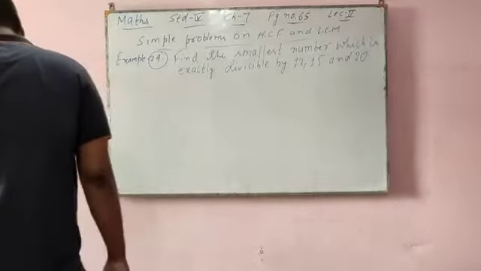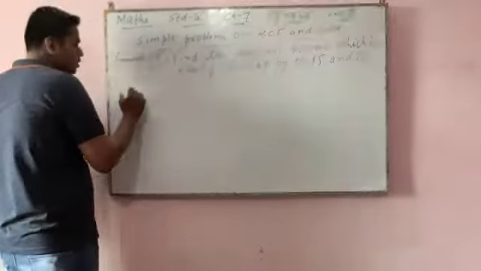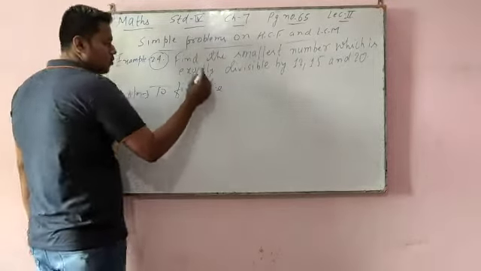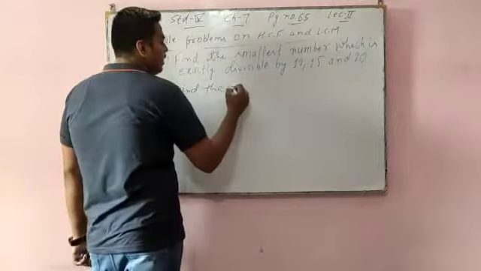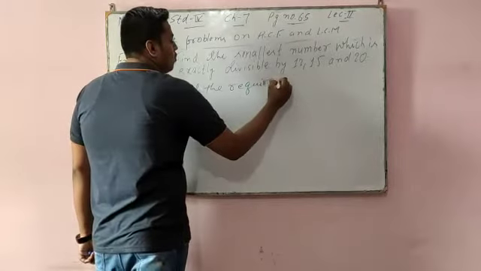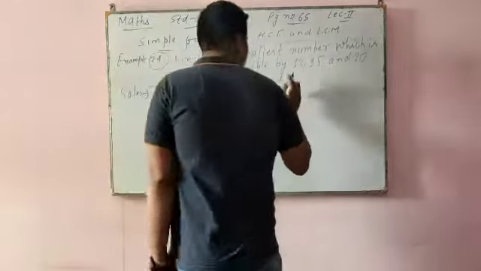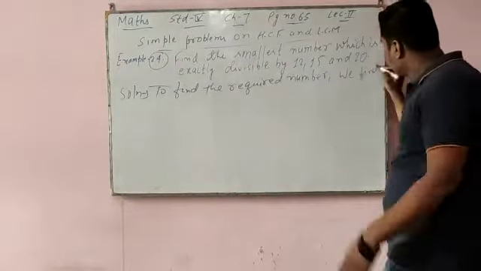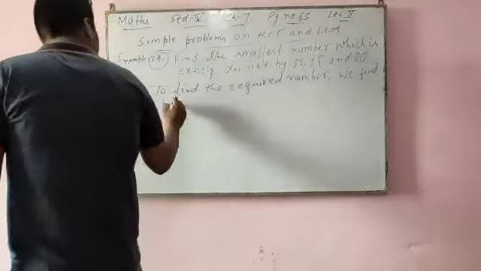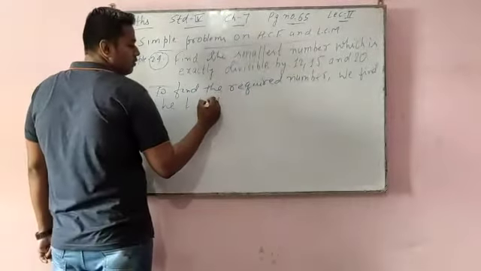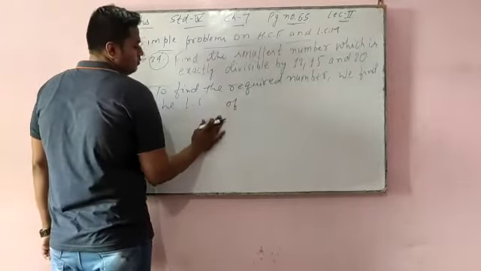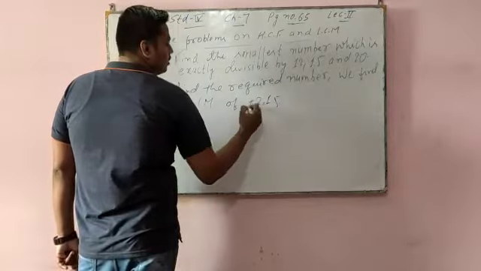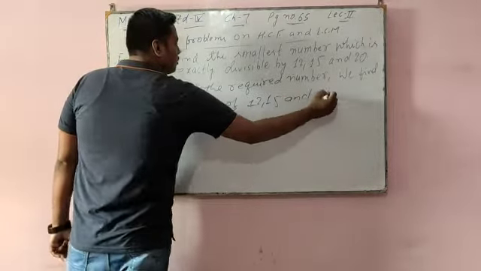Okay, so see, come to solution. To find the required number, you have to find the smallest number. So to find the required number, we find the LCM of 12, 15 and 20.